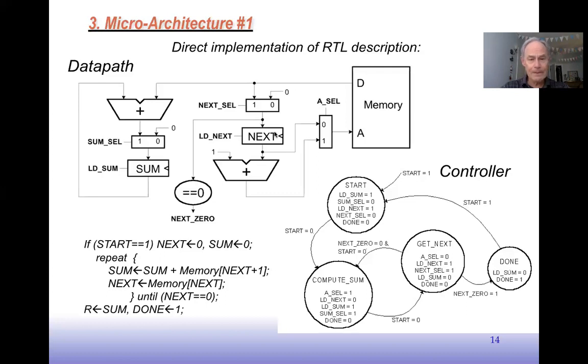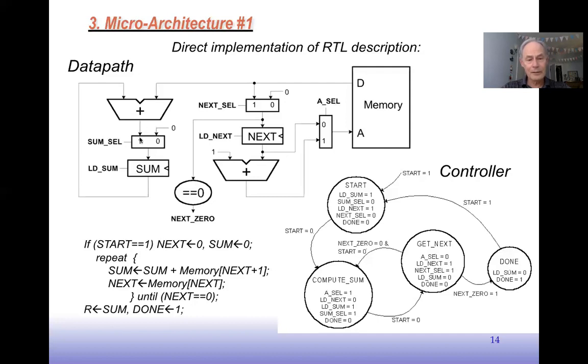Right. So what this means is the controller on this first clock cycle is going to set next_select to be 0, and the 0 will pass in to next. On the rising edge of the clock, it'll clear that out. Likewise here, on the first cycle, the controller will set sum_select to 0, and that will pass a 0 and then clear out that register.